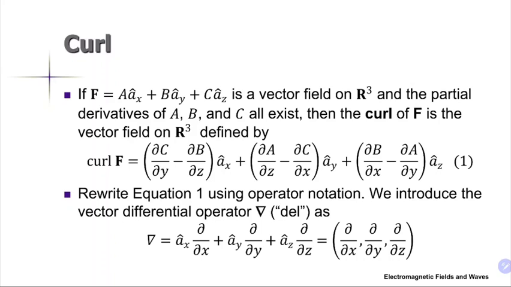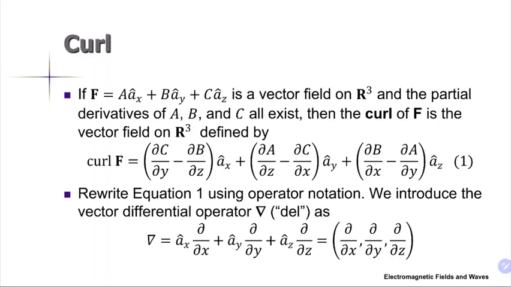Then we say that the partial derivatives of A, B, and C exist, meaning that A, B, C are all functions of X, Y, and Z, so we can take partial derivatives. Then the curl of F is a vector field on three-dimensional space, producing another three-dimensional vector field.